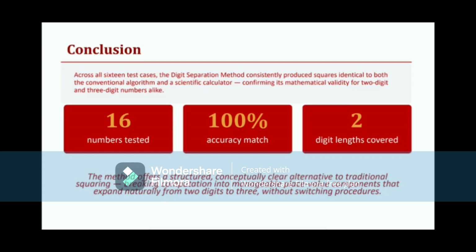Ultimately, the digit separation method offers a more structured and conceptually clear alternative to traditional squaring. By breaking the calculation down into easier and manageable place value components, it provides an adaptable system that expands naturally from two to three digits without forcing the learner to switch to an entirely different procedural framework.